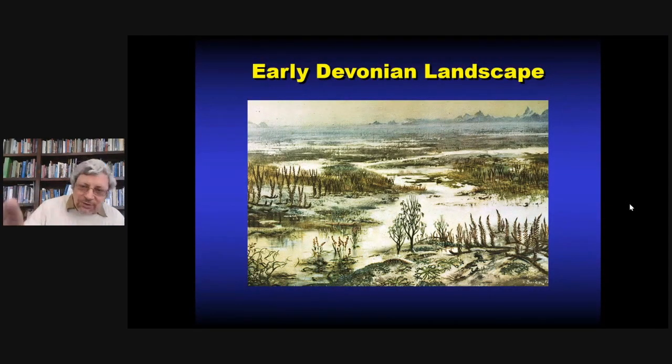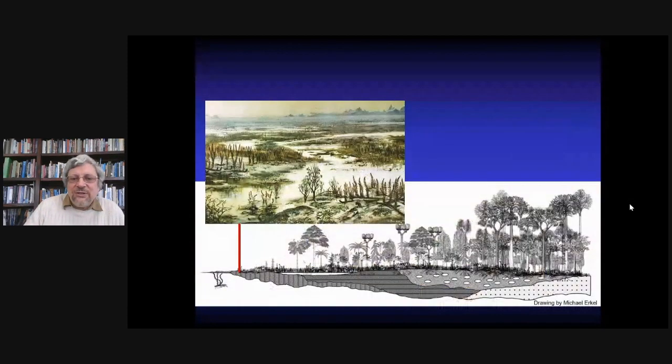If you ignored, for example, those mountains in the background and just saw ocean as far as you could see out, this would be what the floating forest looked like on its outermost edge. The early Devonian landscape, or the lower Devonian landscape, would actually be the edge of this floating forest.